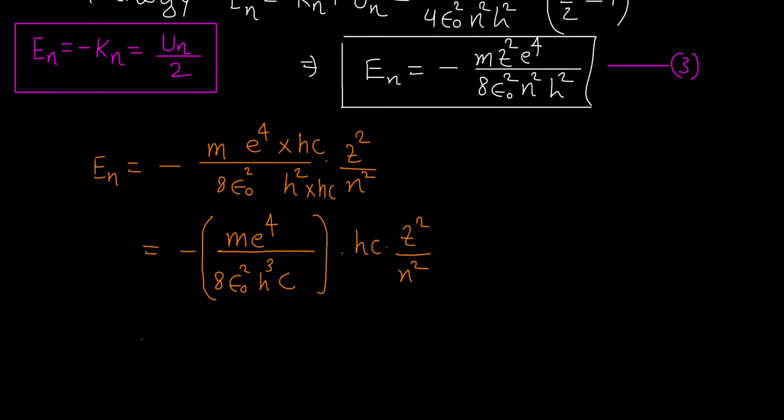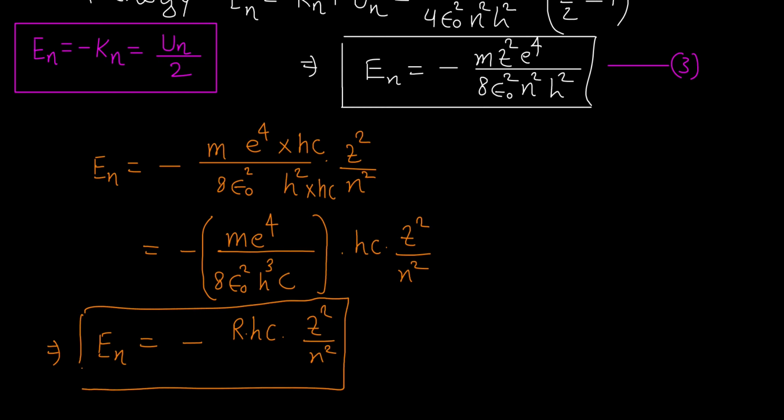I will tell you why I am doing all this. This whole thing in the bracket is actually given a specific name: the Rydberg constant. So it becomes Rydberg constant R h c Z² divided by n². This is a short notation for the energy formula of the electron in the nth orbit.